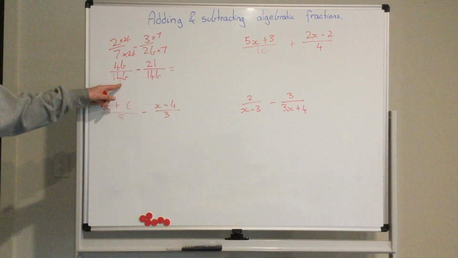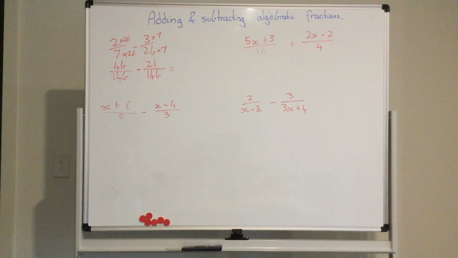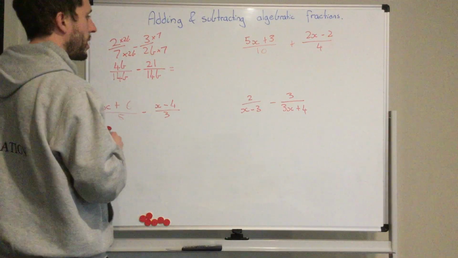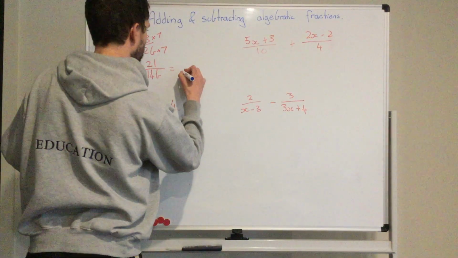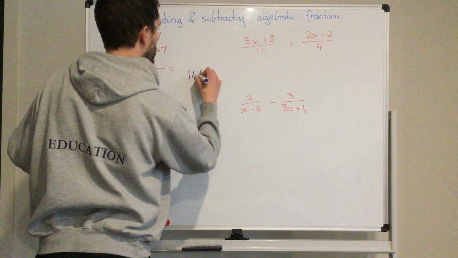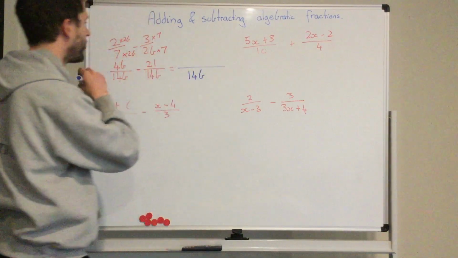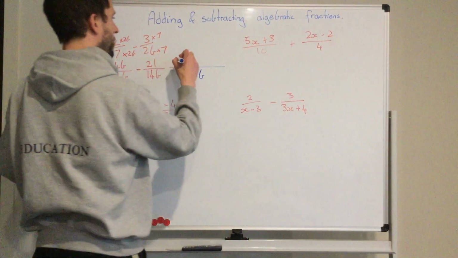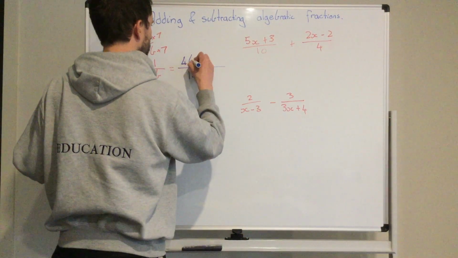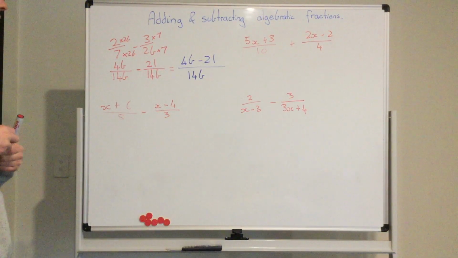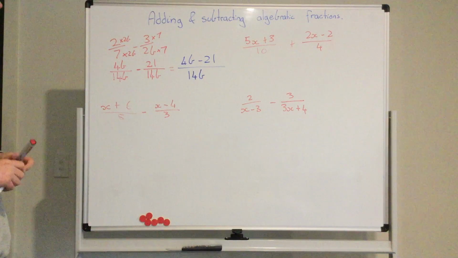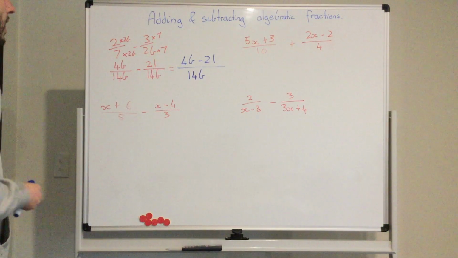Now we've done that, we know that our denominator is going to be 14b, and then I've got 4b up the top, take 21. And there you have it. We have solved our equation.